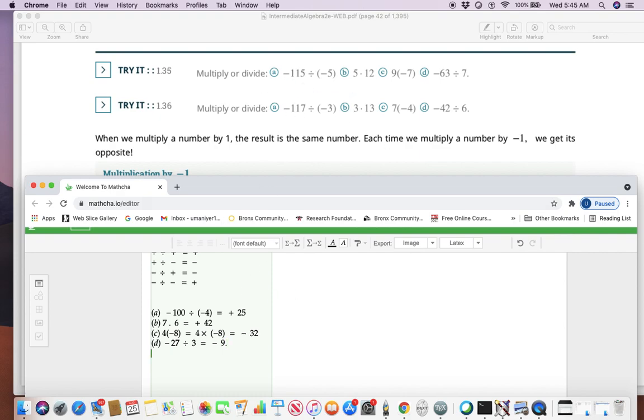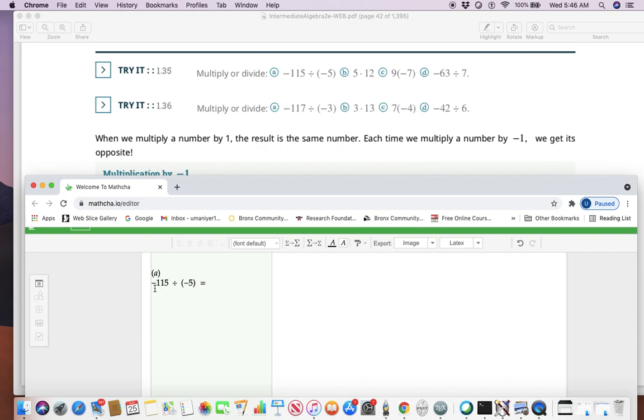A few more examples. Multiply or divide. A. Negative 115 divided by negative 5.